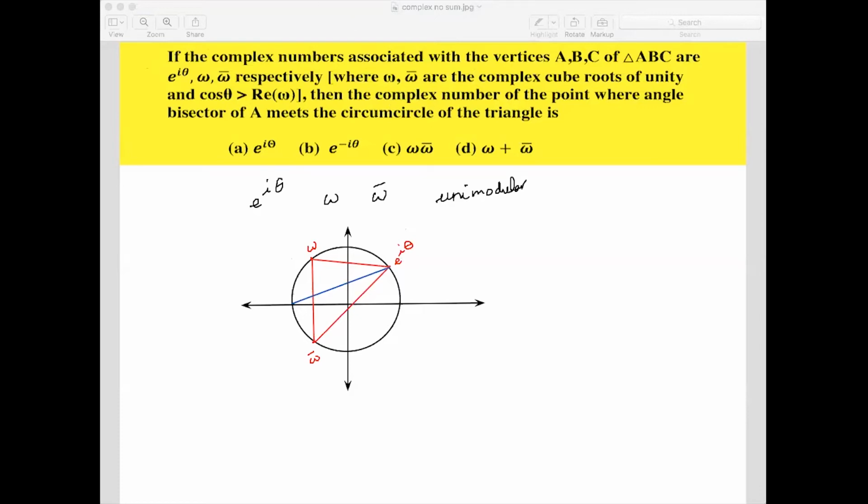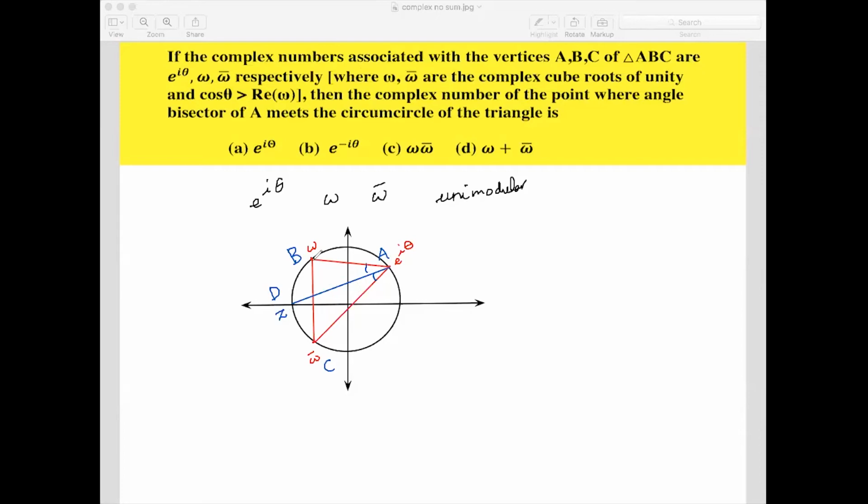I will draw the picture a bit and then explain. Now this is, say, angle A. This is A, this is B, and this is C. So we can say that these two angles are equal and they are A by 2 each. Also, since the angles are equal, supposing we name this point D, this should be the Z, the complex number we need to find out.